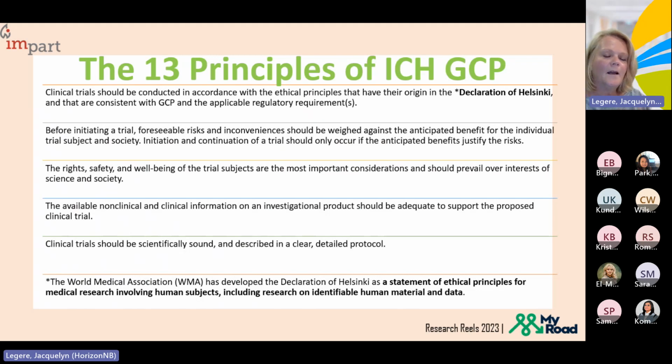And you can see how the history feeds into these principles. If you think about World War II, we had prisoners of war who were subjected to investigation purely for the interest of science. These were such huge atrocities. There was no informed consent.